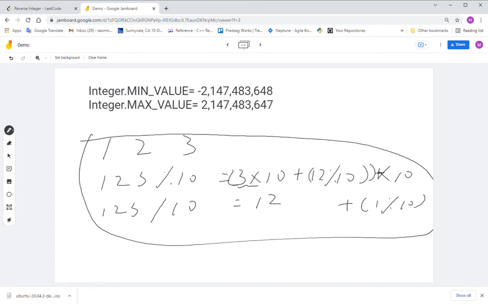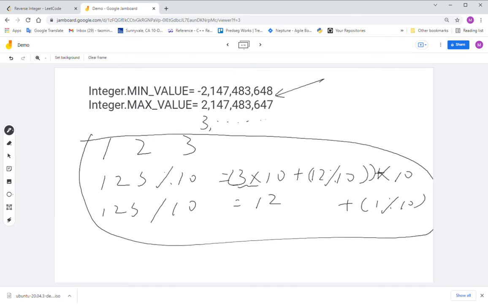The only challenge is how to handle the big one, where the number size is close to the limit. So for example, we have 3 billion something.